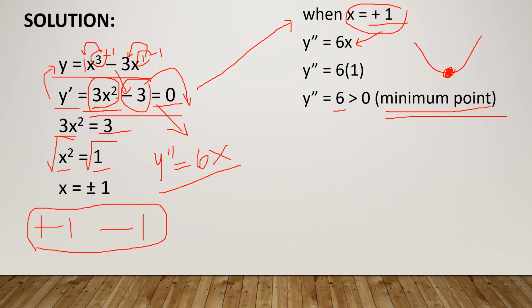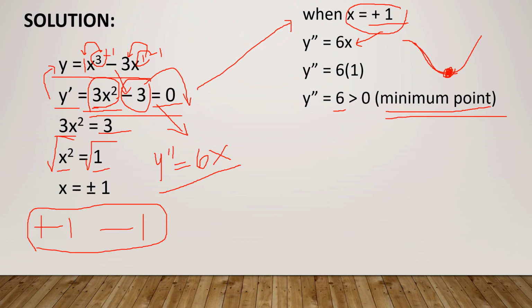I want you to take note of this. The sign of the second derivative tells us whether the slope of the tangent line to the given function is increasing or decreasing. So if the value of your second derivative is a positive value, then your graph is concave up.